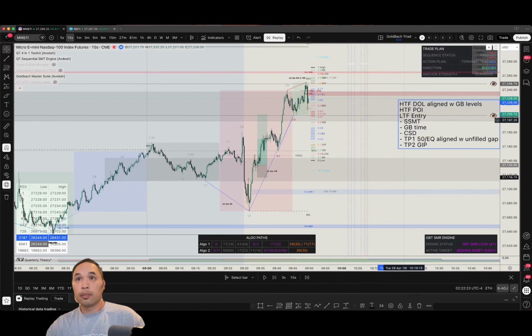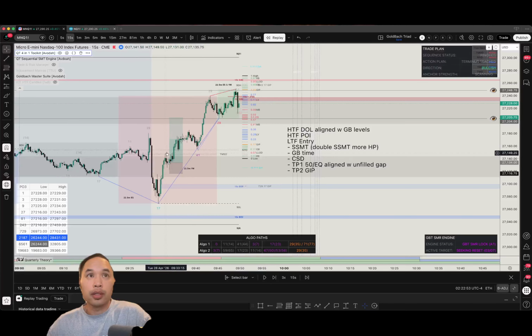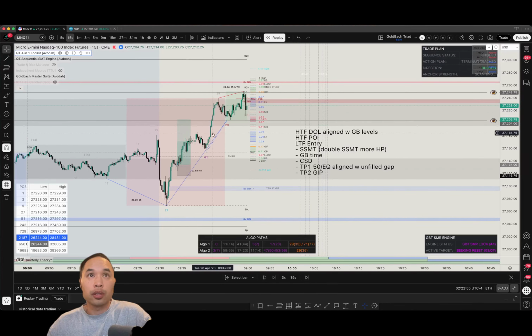The cherry on top would actually be double SMT, even more high probability. But with a Goldbach time, this being a 17, a reverse algo, that gave me a lot of confidence that this was going to be the move I was looking for.